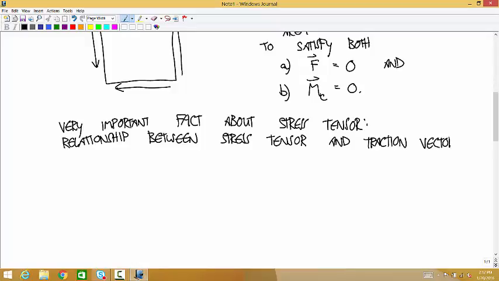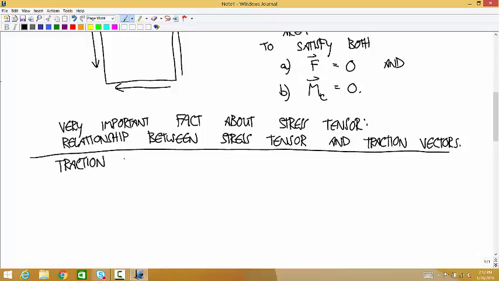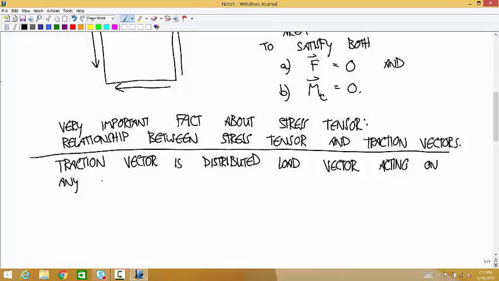Tractions are vectors. So the traction vector is the distributed load vector acting on any face of a chosen object. Chosen body.